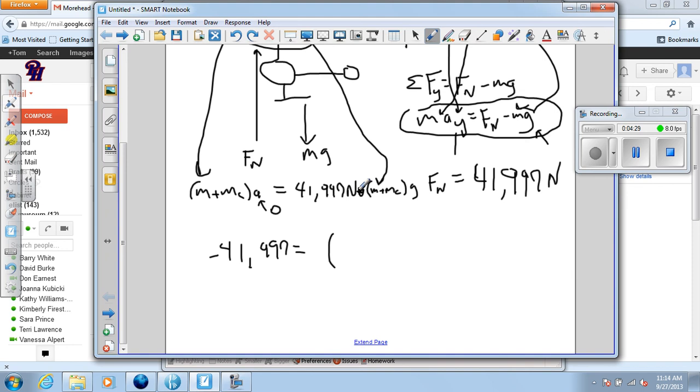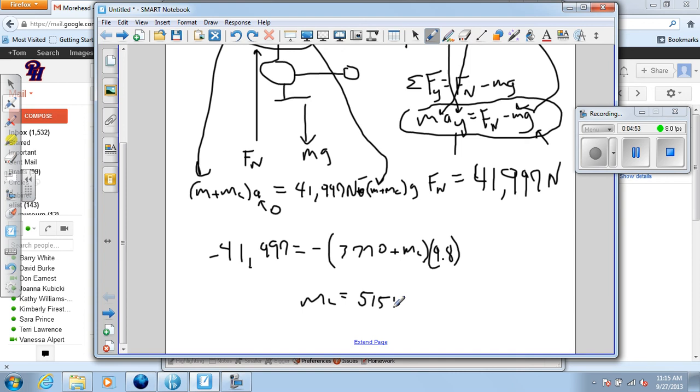It should be minus, not plus. Minus that is going to equal minus 3770 of the helicopter plus the mass of this new cargo times 9.8, and then you just solve that for the mass of the cargo. And I think it comes out to like 515 kilograms.